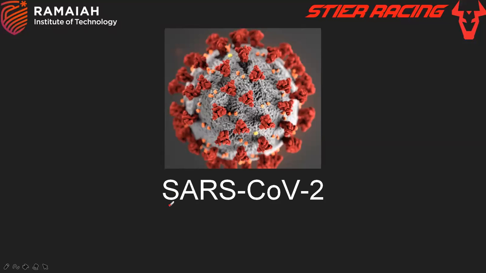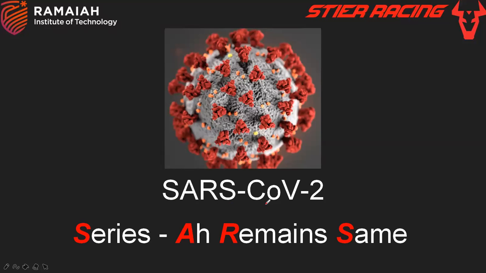I have taken this SARS and made a mnemonic: in series, ampere hour will always remain the same. Everyone repeat after me: in series, ampere hour will remain the same. That means voltage will be added, and in parallel, the exact opposite will happen. You can deduce everything by remembering this mnemonic: in series, ampere hour will remain the same.